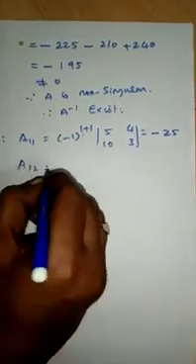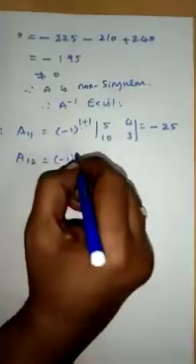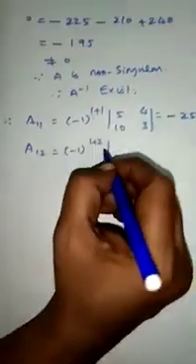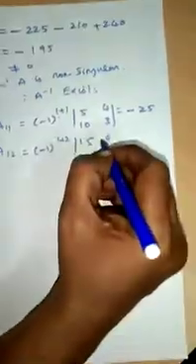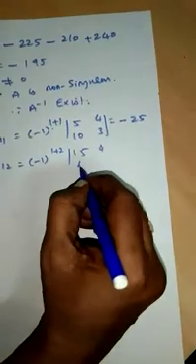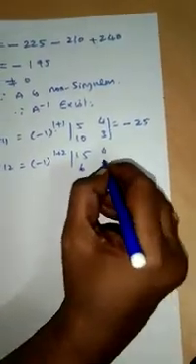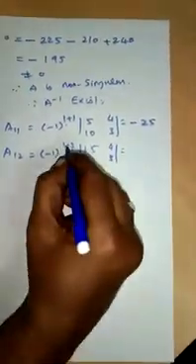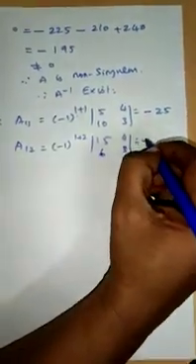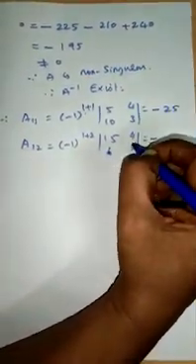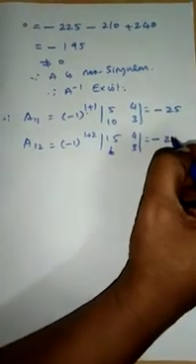A12 is equal to minus 1 power 1 plus 2 and its minor is 15, 4, 6 and 3. 1 plus 2 is 3, minus 1 power 3 is minus, and cross multiplying we get 21.